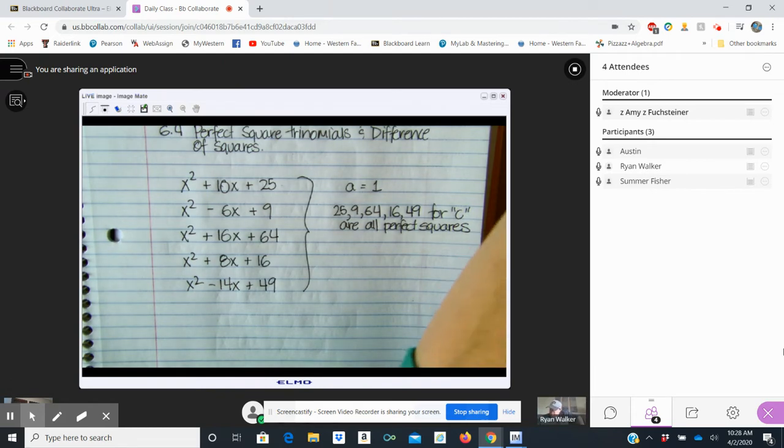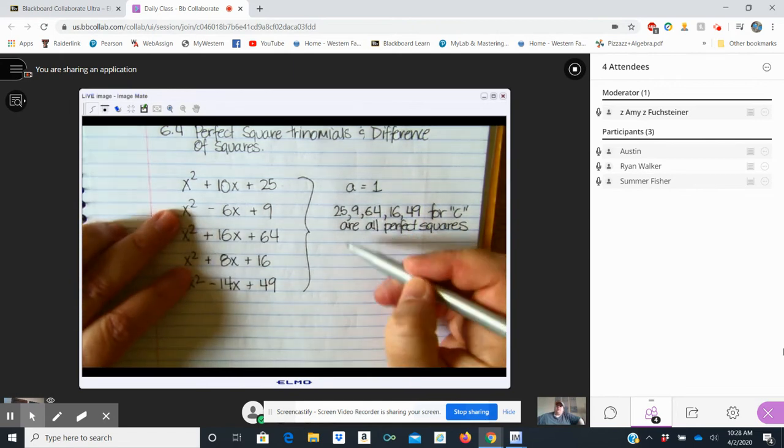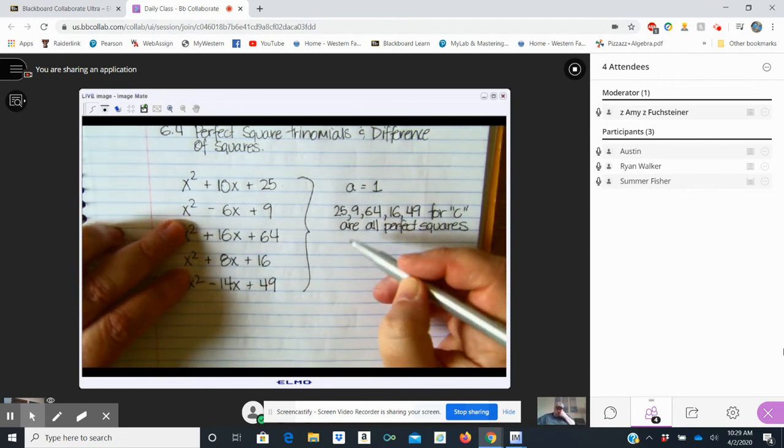And the B value is sort of odd in half. It's the number you use to square.